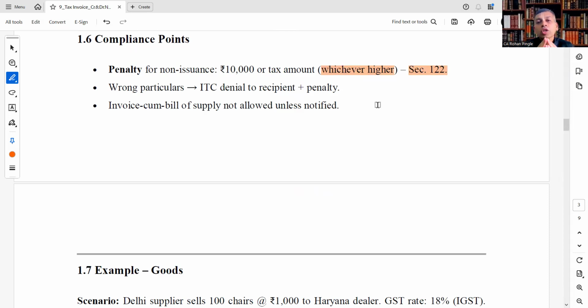Then wrong particulars: mentioning wrong particulars in a tax invoice, ITC should be denied to the recipient plus penalty will be levied. And invoice-cum-bill of supply is not allowed unless notified. Means you need to issue the tax invoice and the bill of supply separately.